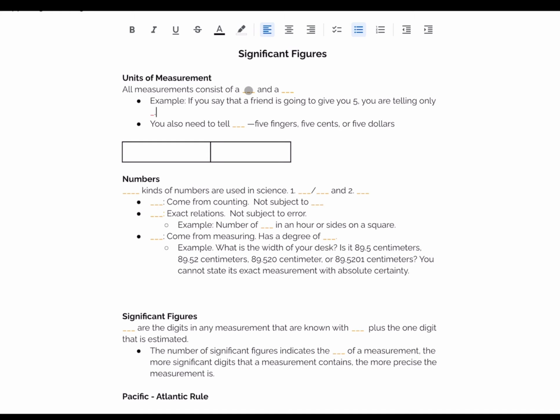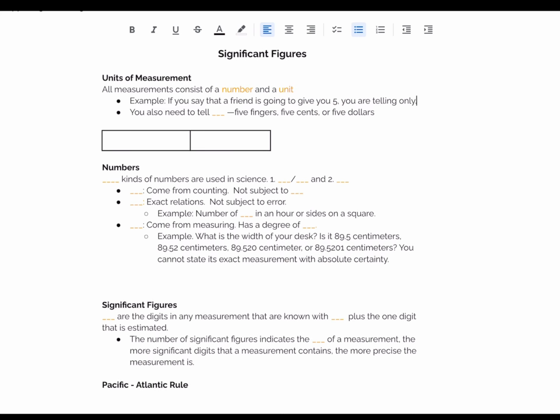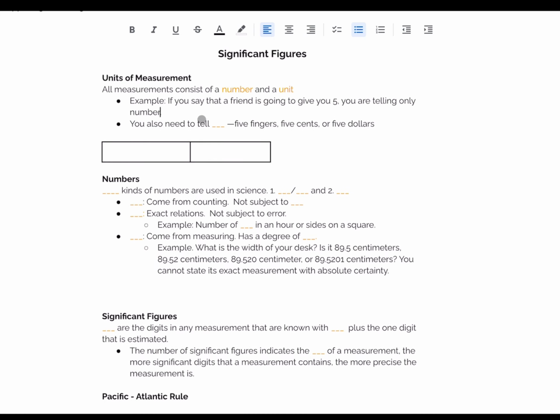All measurements consist of two parts. You have a number and a unit. If you just say, for example, that a friend is going to give you 5, you are only telling the number. That doesn't tell us anything about what we're getting. That's just the number. So we have to figure out both parts of this.